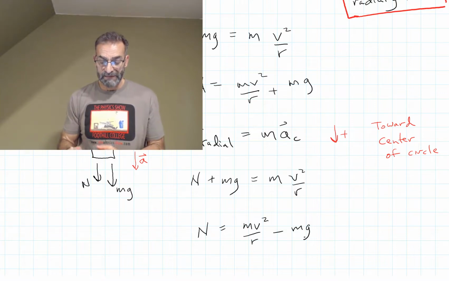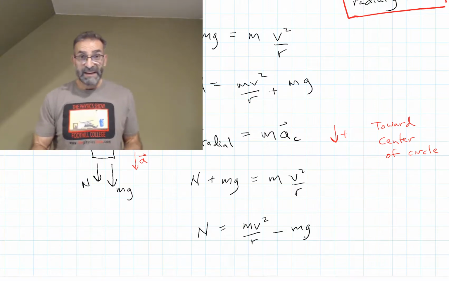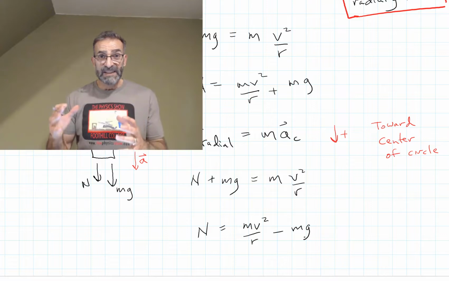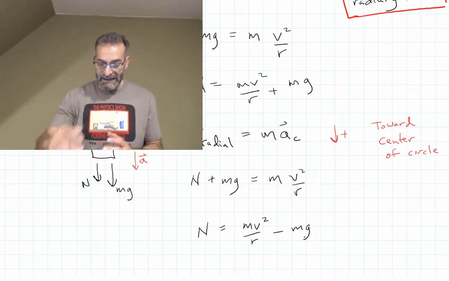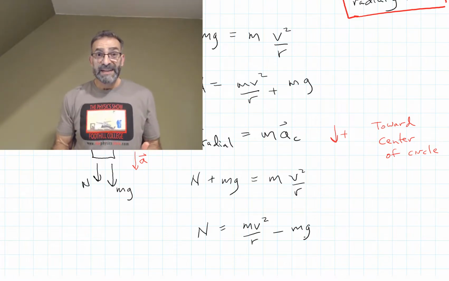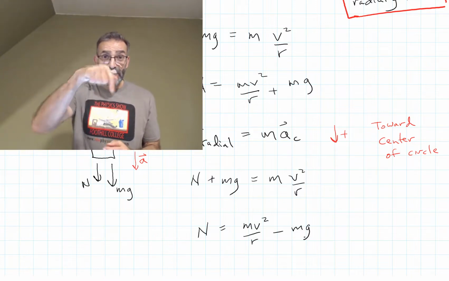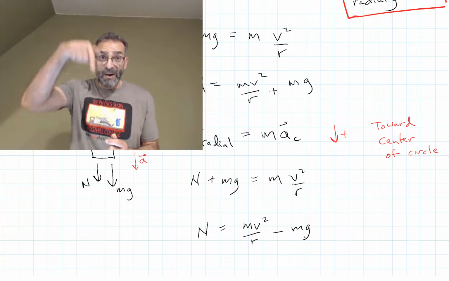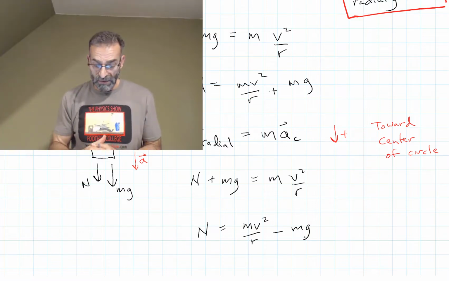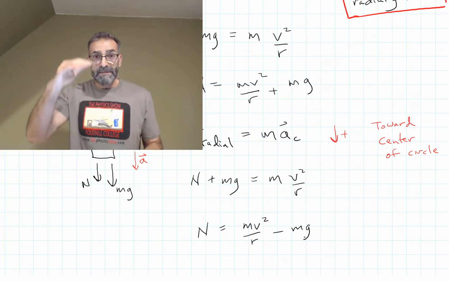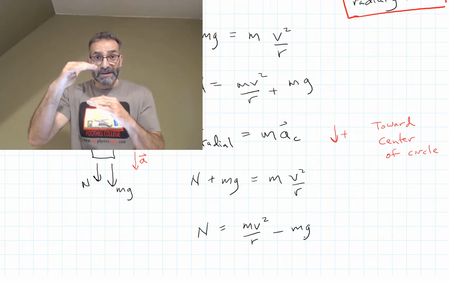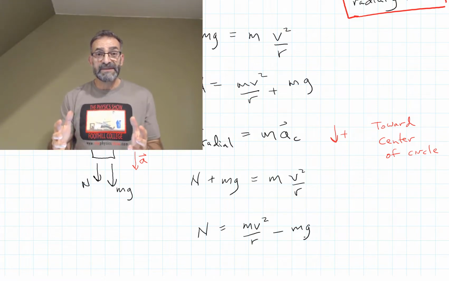Think about this for a minute. What happens if V is really, really big? The car is going really, really fast. Well, the force of gravity is not big enough to keep the car moving in a circle, so the track also has to push on it with a normal force. But if we make our velocity a little smaller, the normal force doesn't have to be as big.